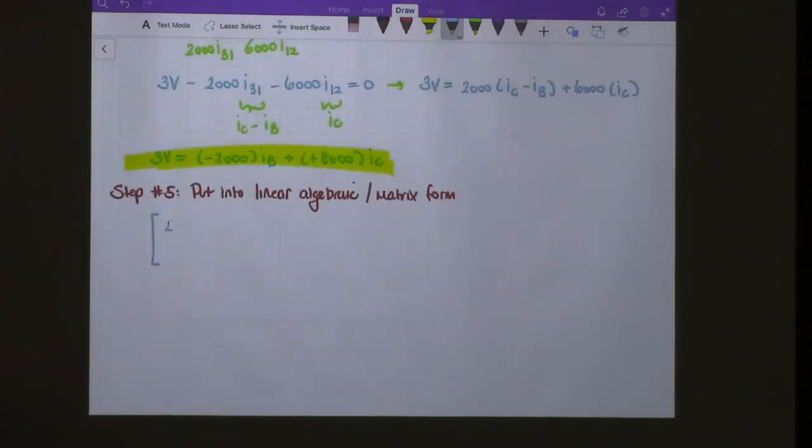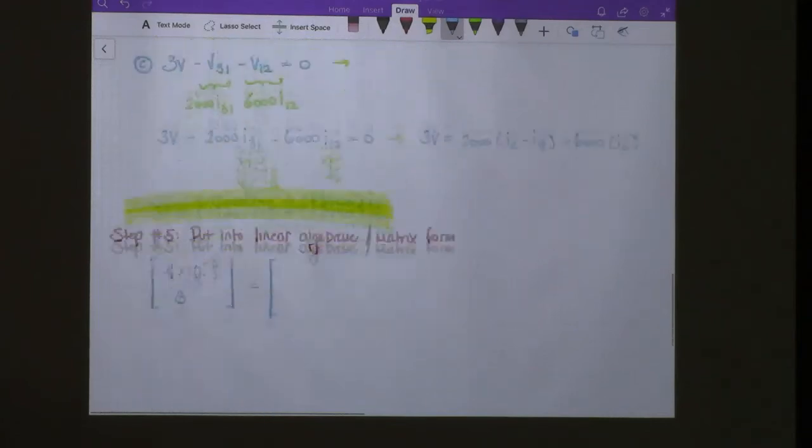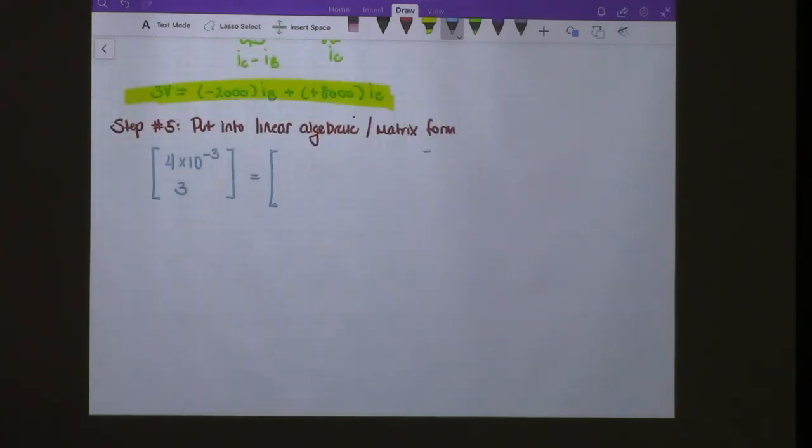So this is 4, well, I'll just write it like this. 4 times 10 to the negative 3, and then we have a 3 on the left-hand side. Then what we have is a 2 by 2 matrix because we've taken IA to the other side.